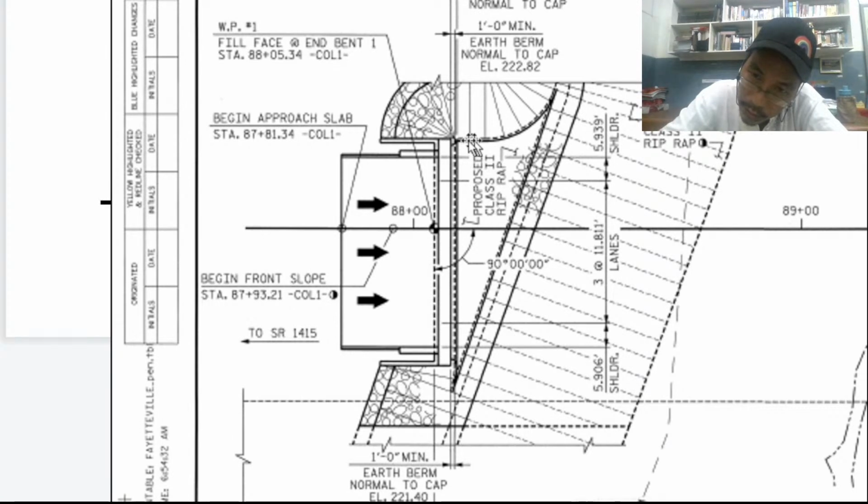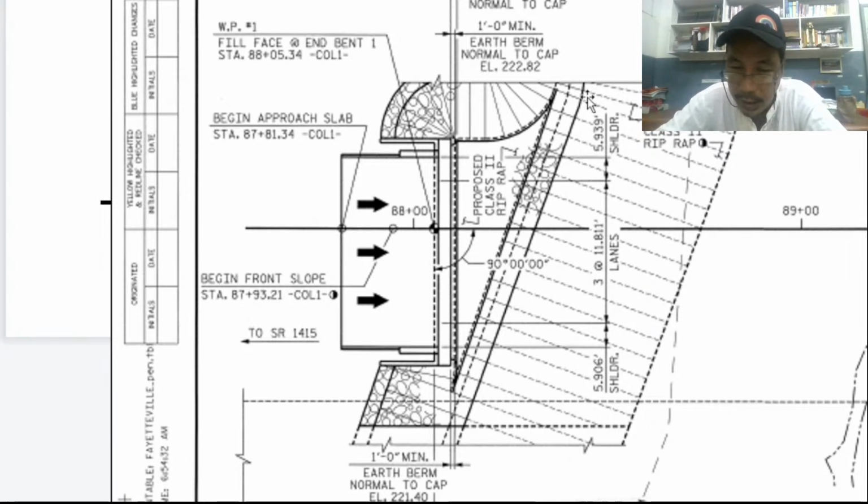So this is the riprap. This is the proposed riprap. So the existing riprap is this area. All the broken lines, this is the existing riprap. Okay, so that is the existing riprap.